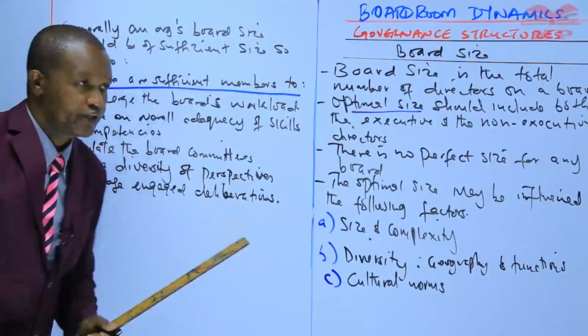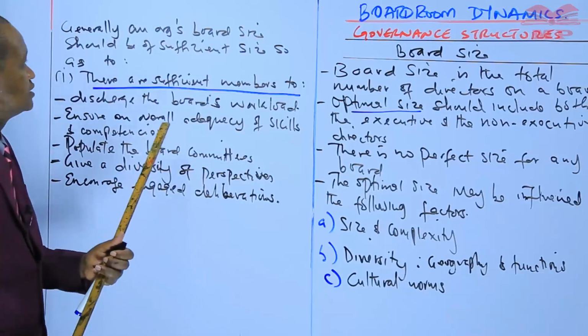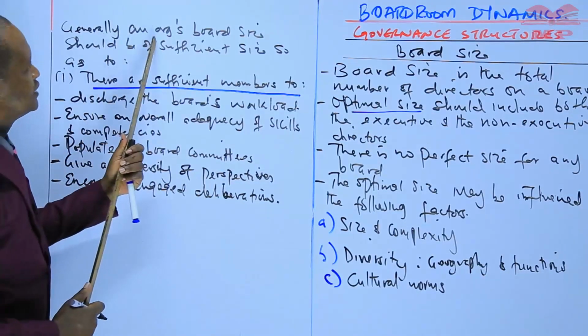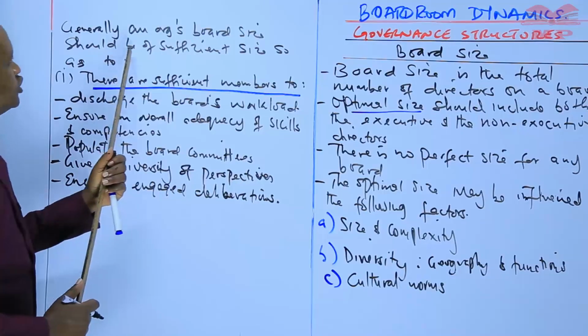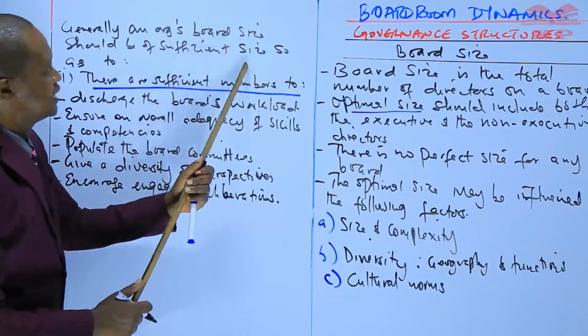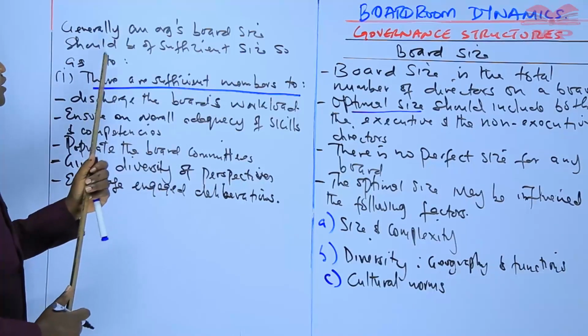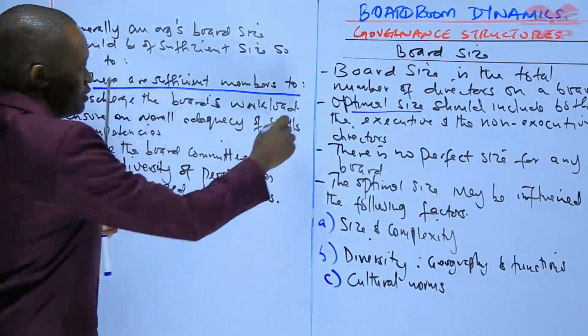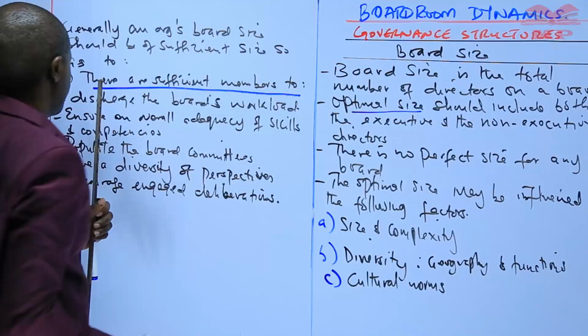Are you following the discussions, candidate? I've explained that generally an organization's board size should be of sufficient size so as to have a sufficient number of members who will make sure all that is done.